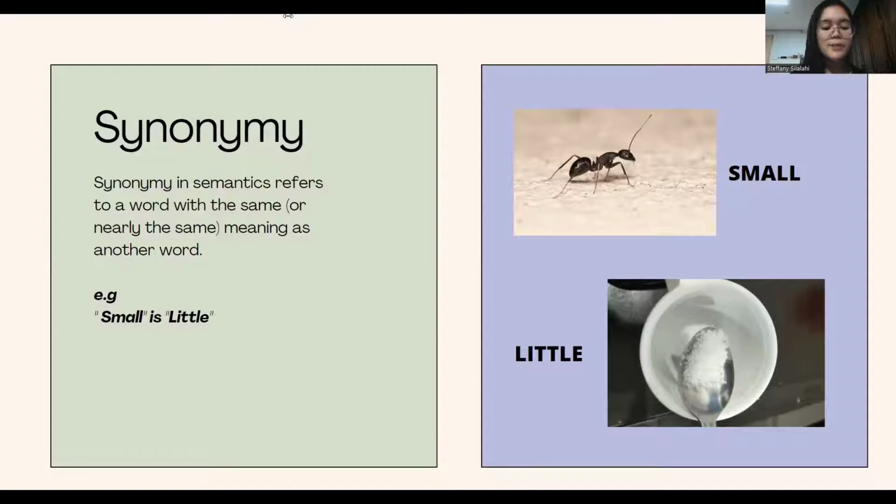In this picture is an ant, a small animal. In the second picture, when we make tea, we put a little sugar to make it sweet. In this case, small and little have the same meaning, noticeably below average in size.